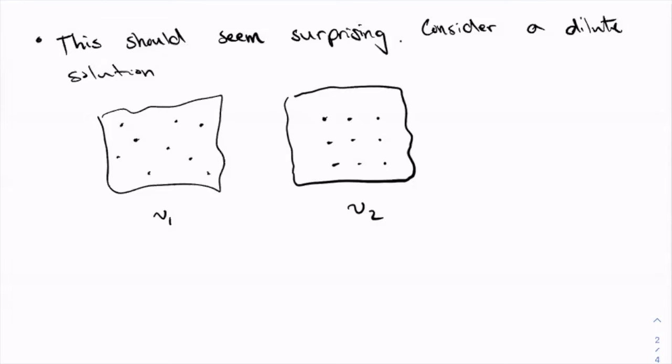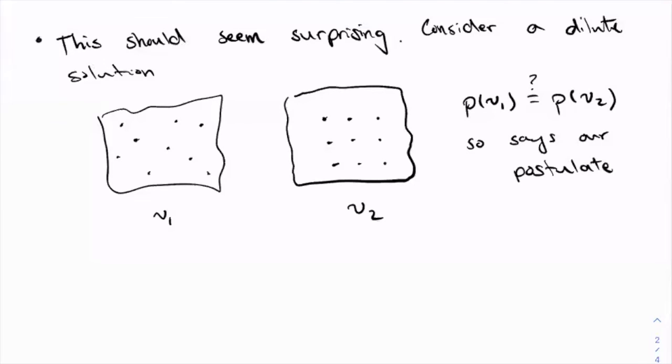This assumption says that the probability of seeing microstate 1 is equal to the probability of microstate 2. Now, my intuition, I don't think, would have expected that. One of those microstates looks a lot more probable than the other. In fact, I suspect your intuition says that one of those microstates is more likely than the other.